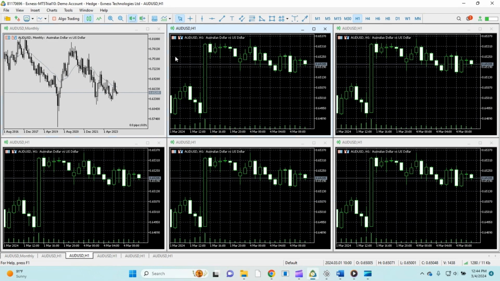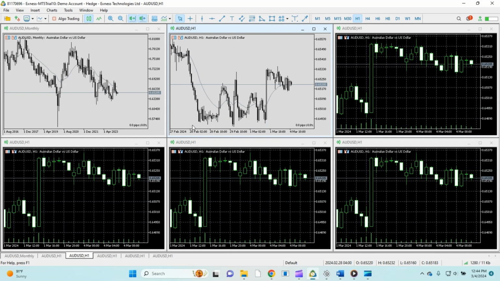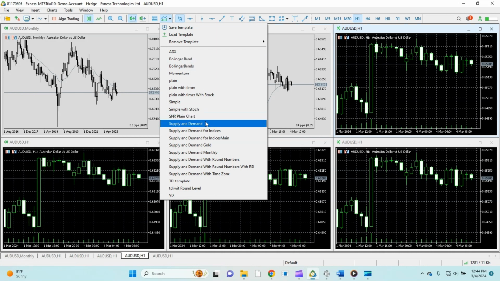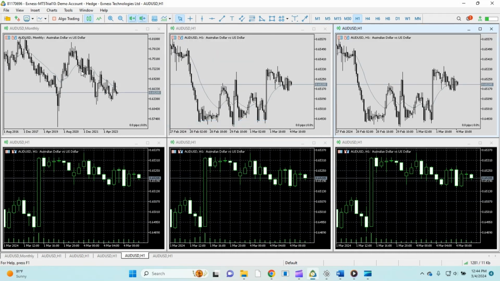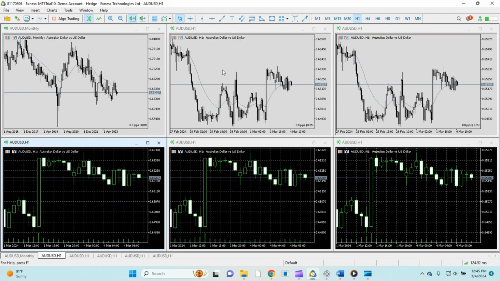I will upload the template in the Telegram channel so that you can easily download it, or I may make a video on how to customize your template, but it's easier for you to just go and download it. I may not have that time. So this is how I do my top-down analysis.